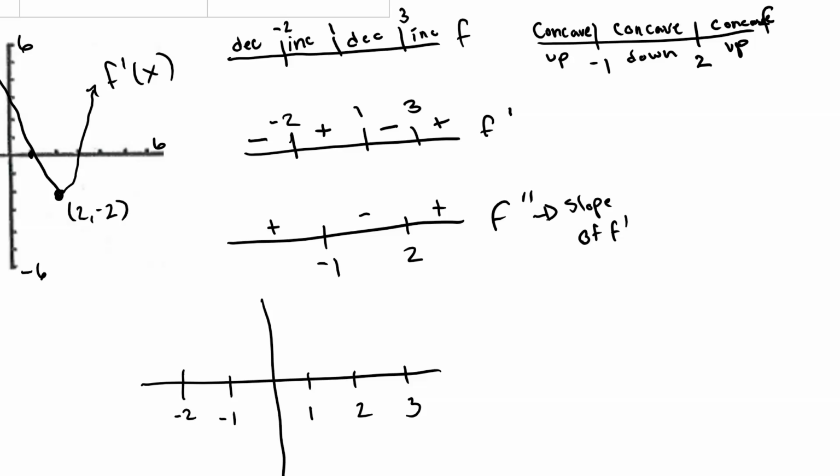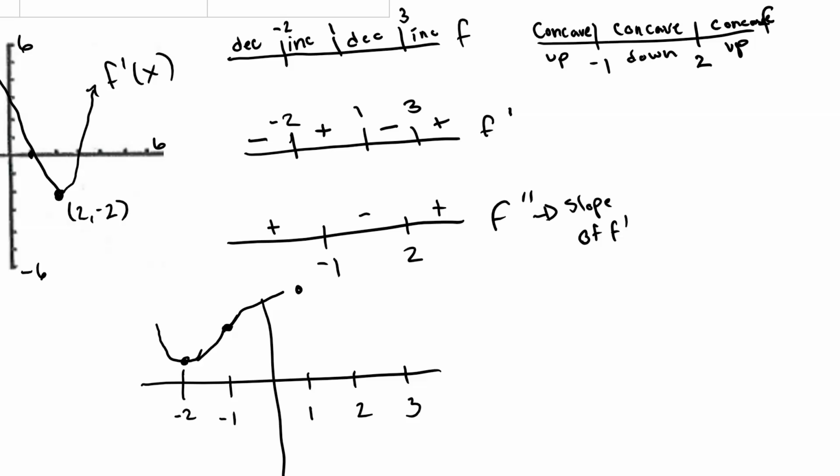So we don't have an indication about the y values. So there's going to be multiple representations that are correct for this. Okay, but I'm concave up until -1, and I'm decreasing until -2, and then increasing from -2 to 1. So I'm still going to be increasing after this, but we're now concave down until we get to 1.